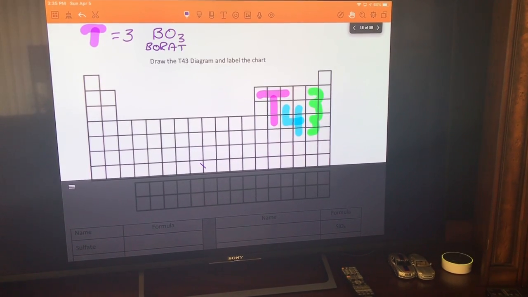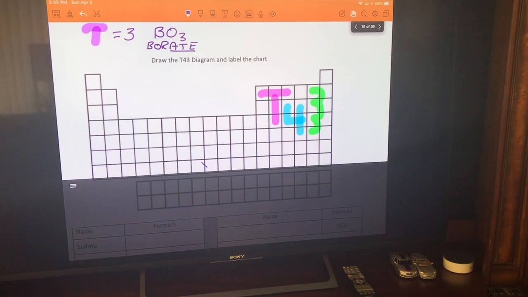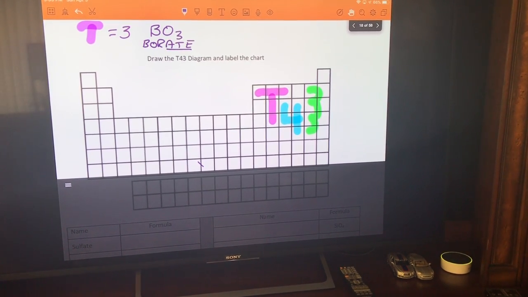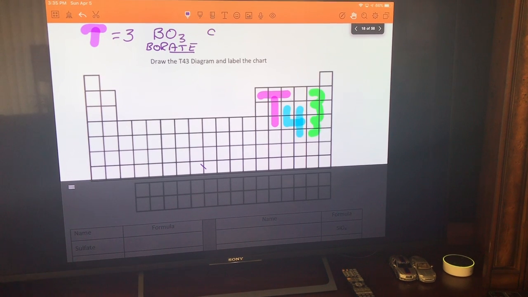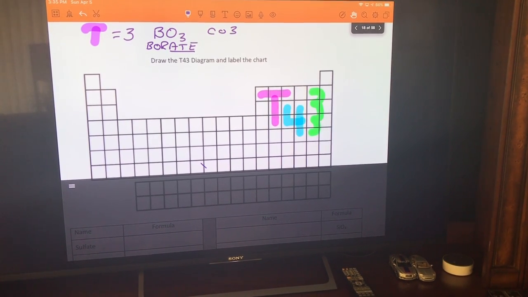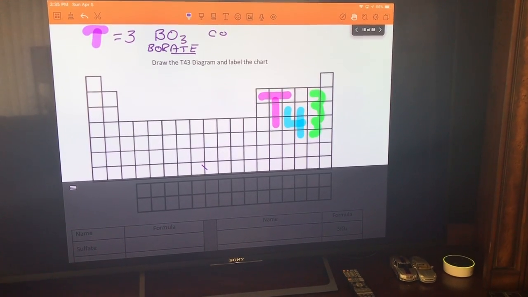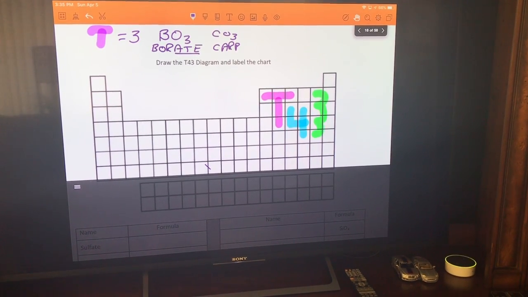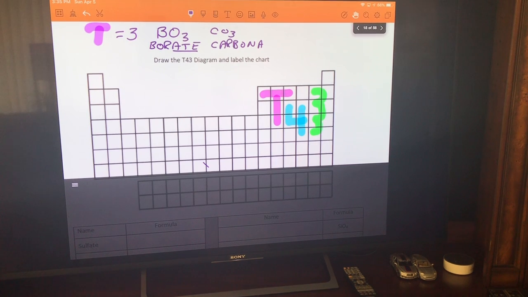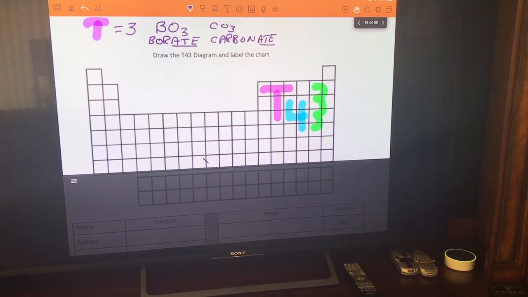They end in ATE if they correspond to the T. So borate, and the one next to it is CO3. CO3. So that one is carbonate. Notice the ATE again at the end.